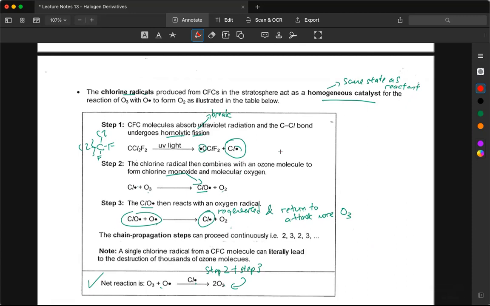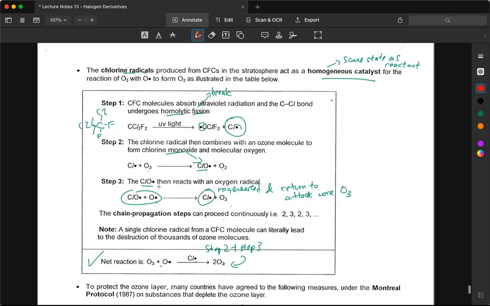So the reactions are as follows. The CFC molecules absorb UV radiation, and the C-Cl bonds undergo homolytic fission with electrons on both sides equal in number. And then this chlorine radical will combine with the ozone molecule to form ClO, chlorine monoxide, and oxygen as well.